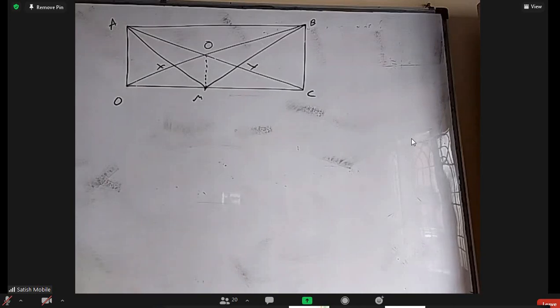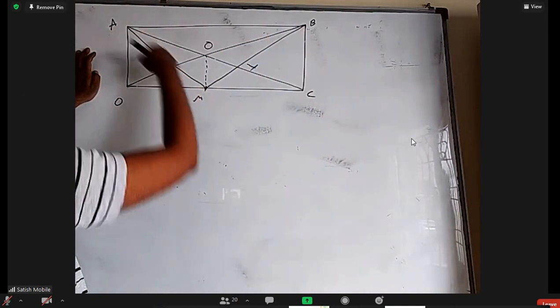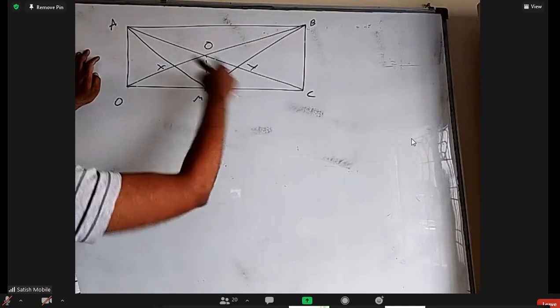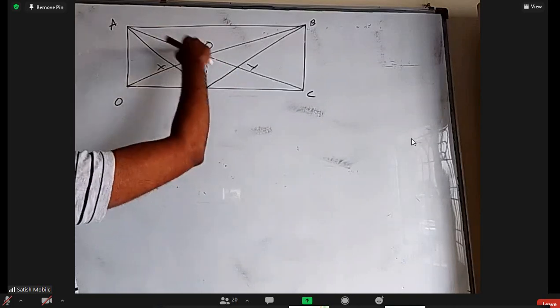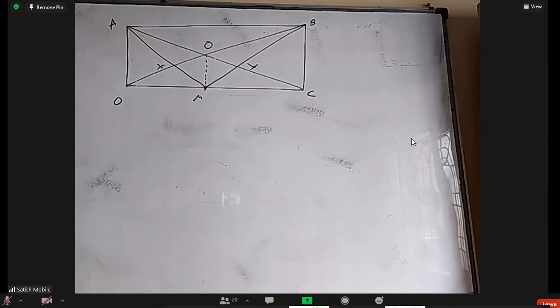Basically, these are the two diagonals. This is the midpoint of this side. These two are joined. This is X and this is Y. This area versus this area. Basically, they're asking whether they're equal, or which is greater.